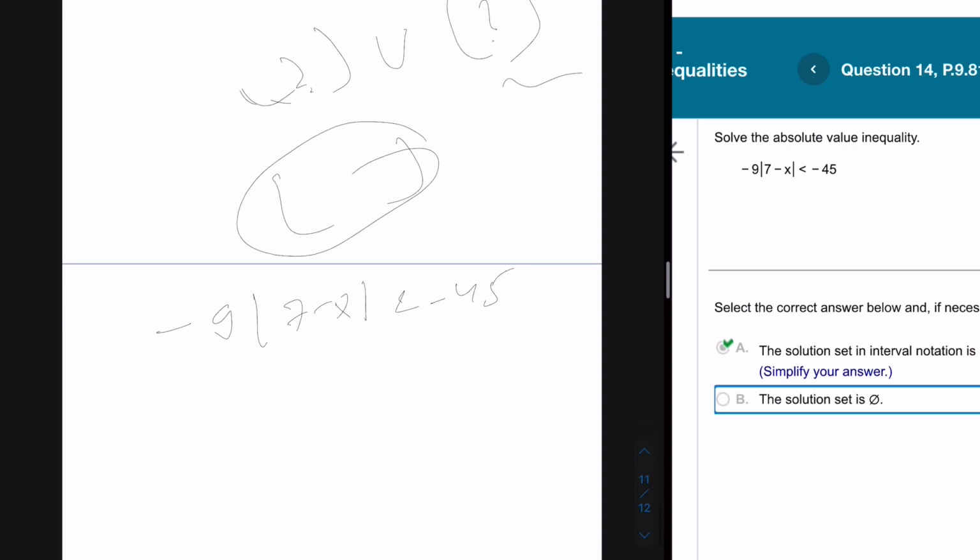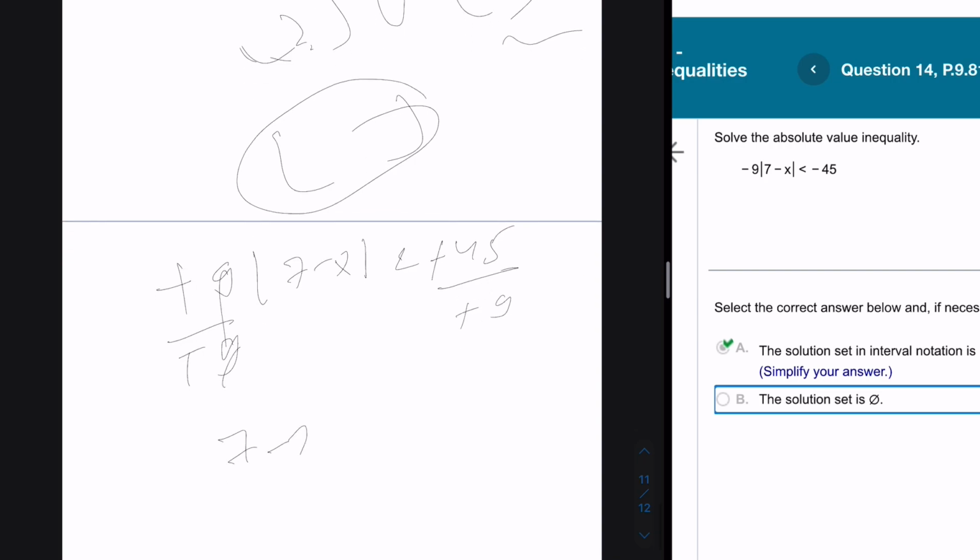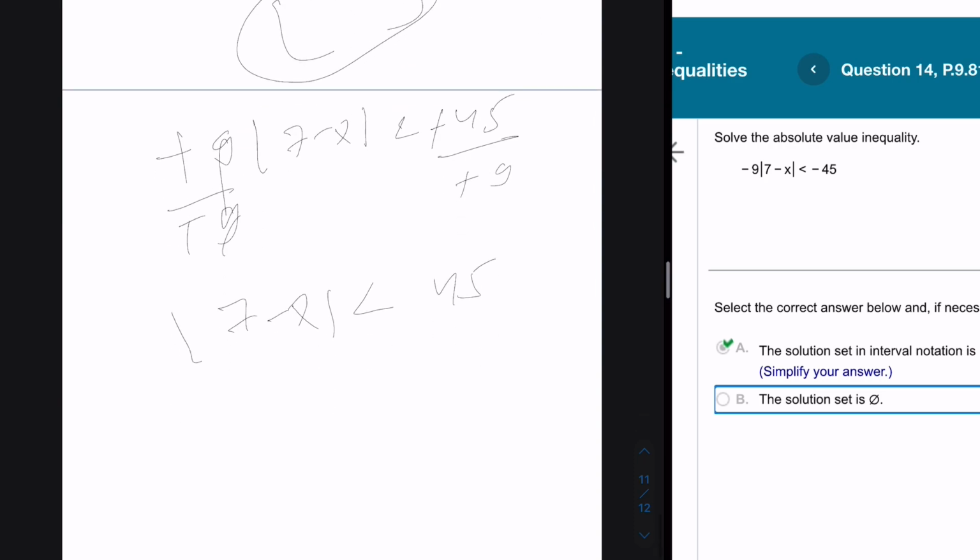So if you are dividing by a minus sign, the inequality sign will change and it will look like this. Got it? So the absolute value is smaller, so our interval will be between minus 45 and plus 45, 7 minus x.